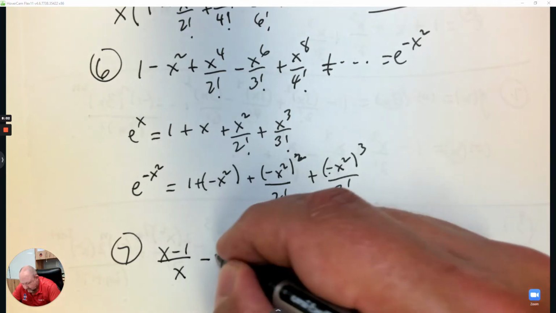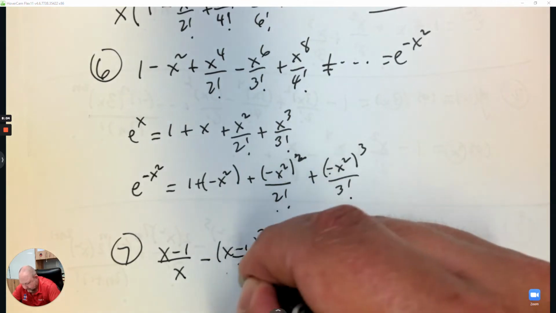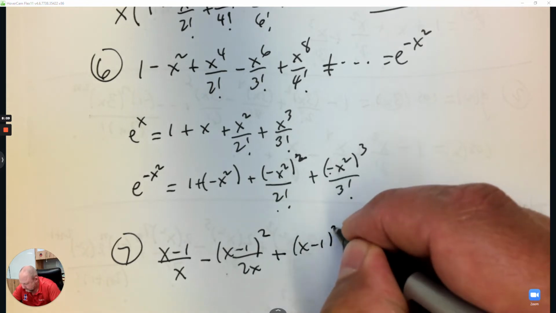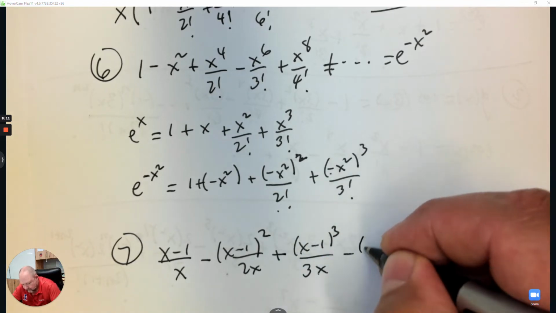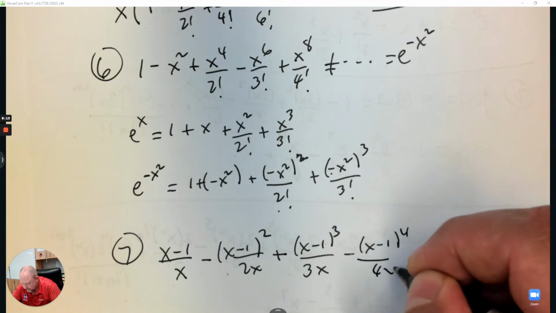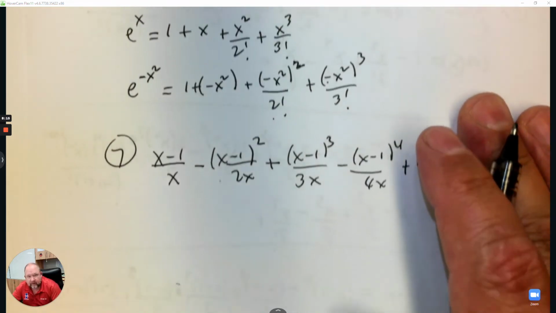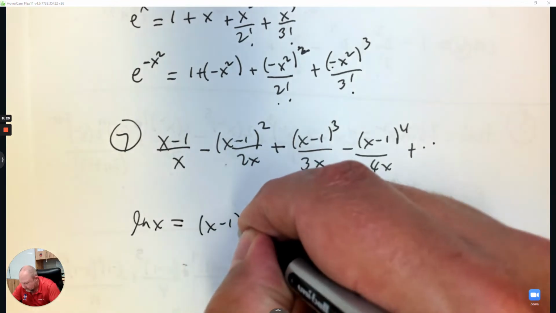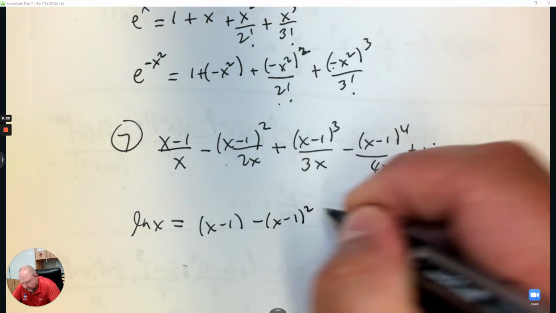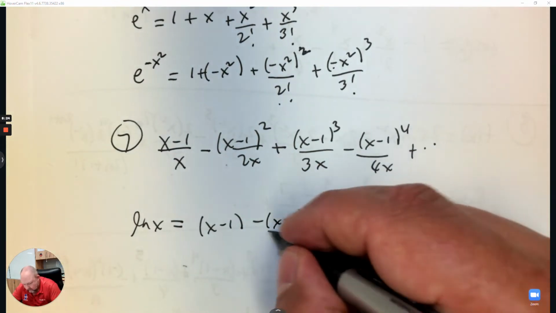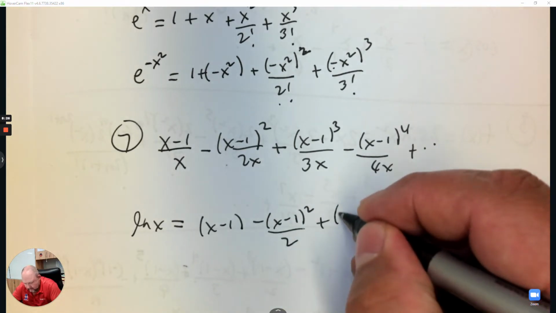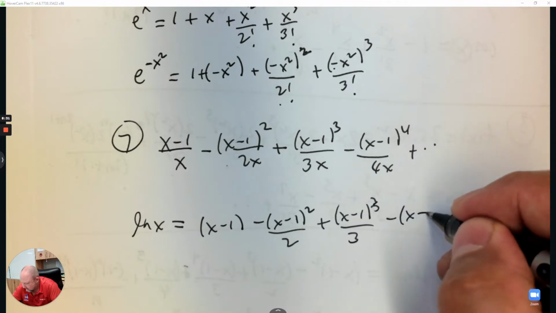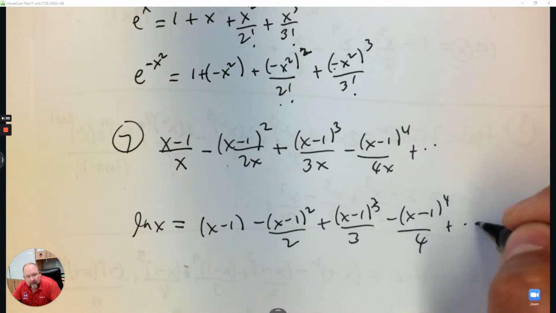Looks like a logarithm, doesn't it? I'm going to write it out, the logarithm one. So ln x is x minus 1 minus x minus 1 squared over 2, plus x minus 1 cubed over 3, and so on.